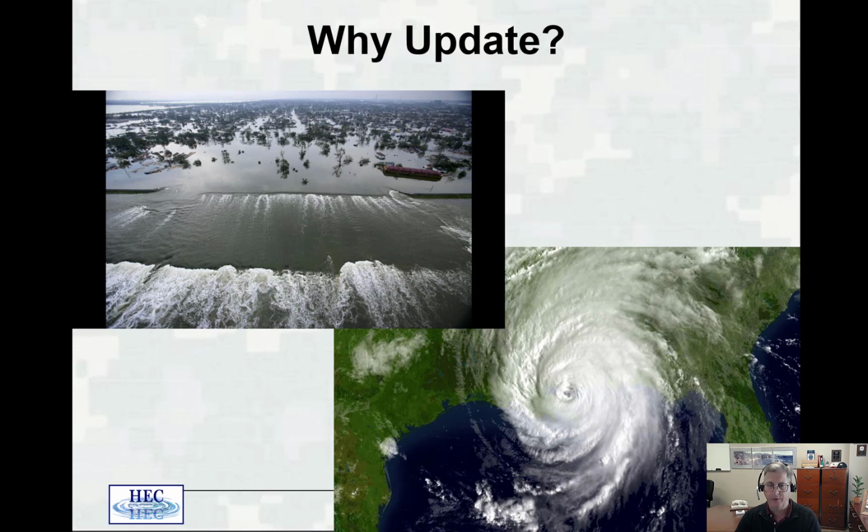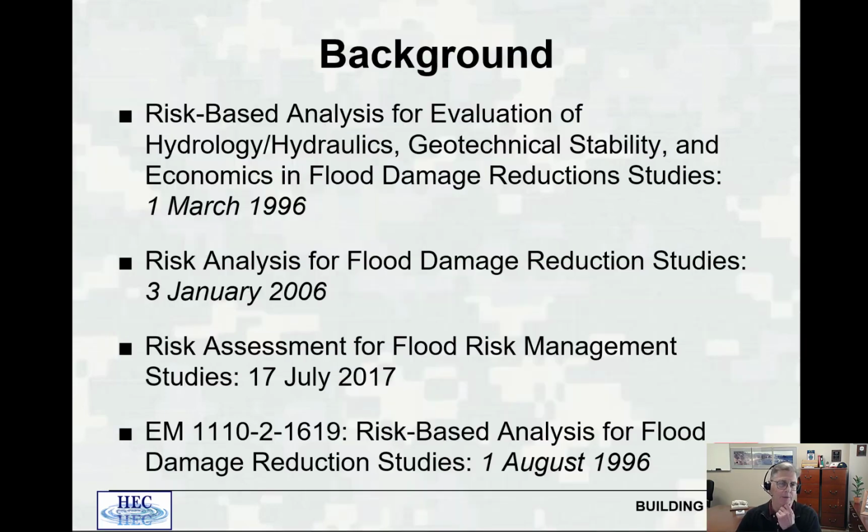So if we go back one slide, we see that we have a revision in January of 2006. I must tell you that that particular version of the ER did not include the impacts from Hurricane Katrina. That version was being developed before Hurricane Katrina occurred, and it was actually at headquarters for review at that time.